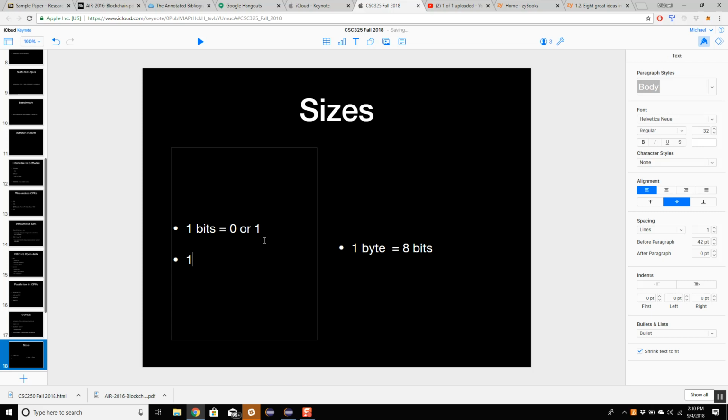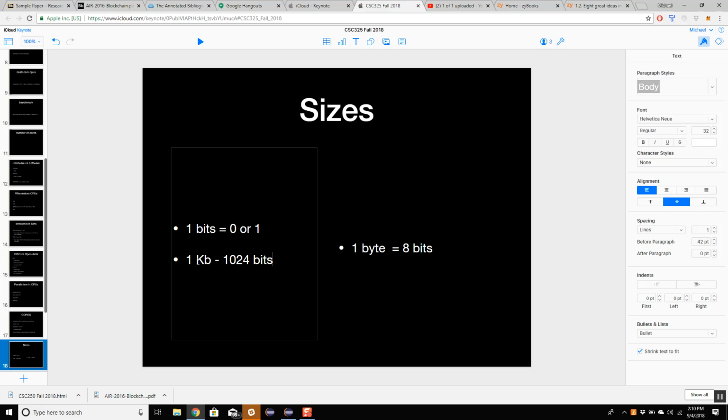What is a kilobit? 1024 bits. Okay. It's going to be extra important in this class because we are going to be dealing with zeros and ones at the bit level.